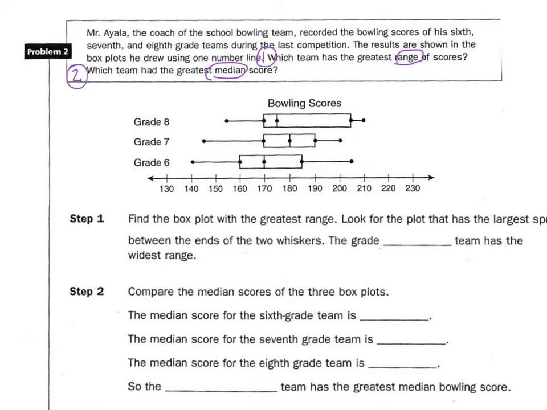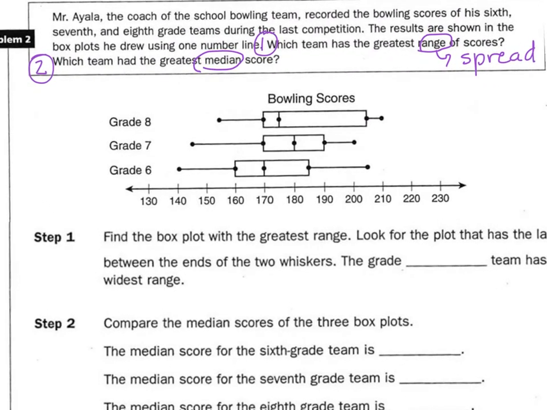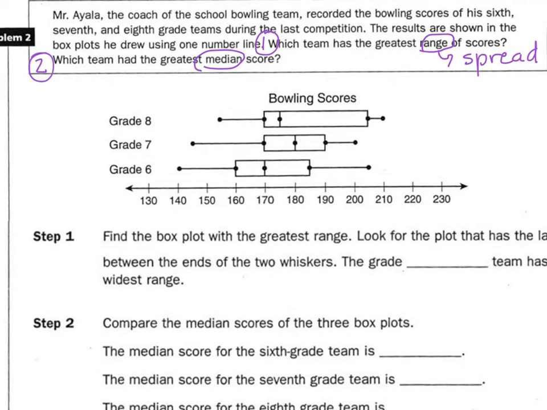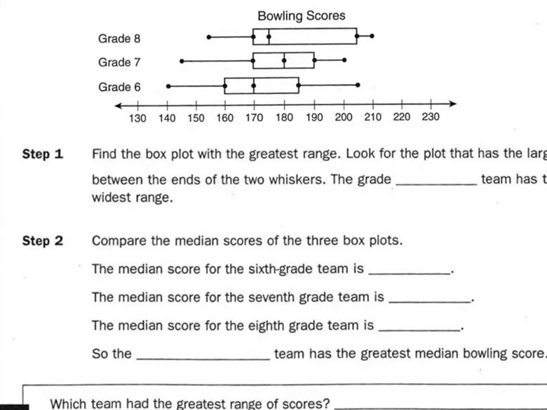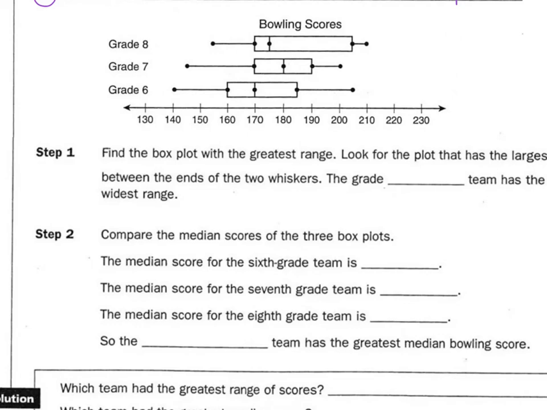2. All right, so remember range is another word for spread. They use them interchangeably. So what we're going to do is look at what they have here. What have they given us? So we have this chart and it says find the box plot with the greatest range.